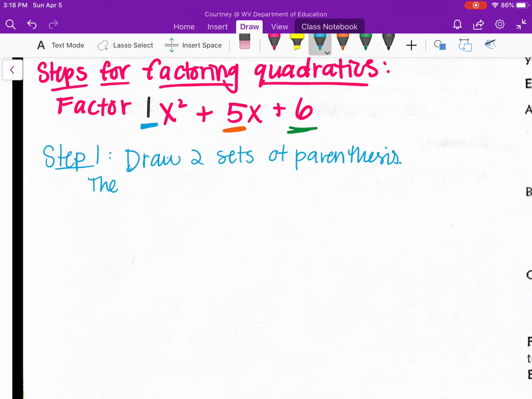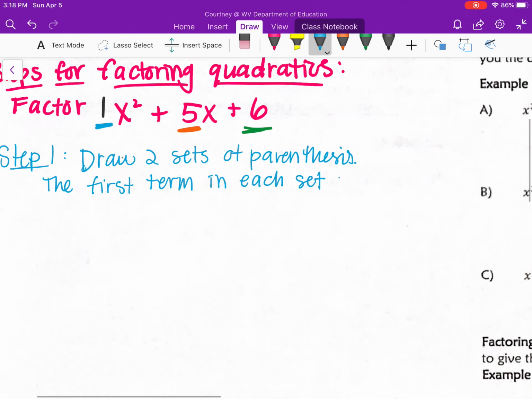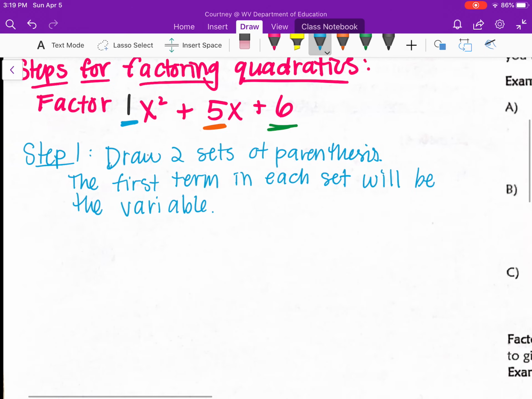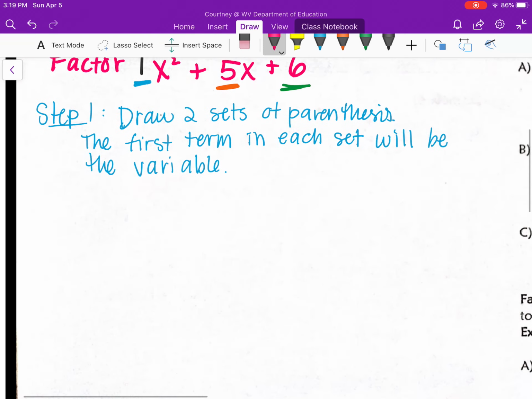The first term in each set will be the variable. So in this case, our variable is x, but sometimes it'll be y, or sometimes it'll be something else. Usually it'll be x though.